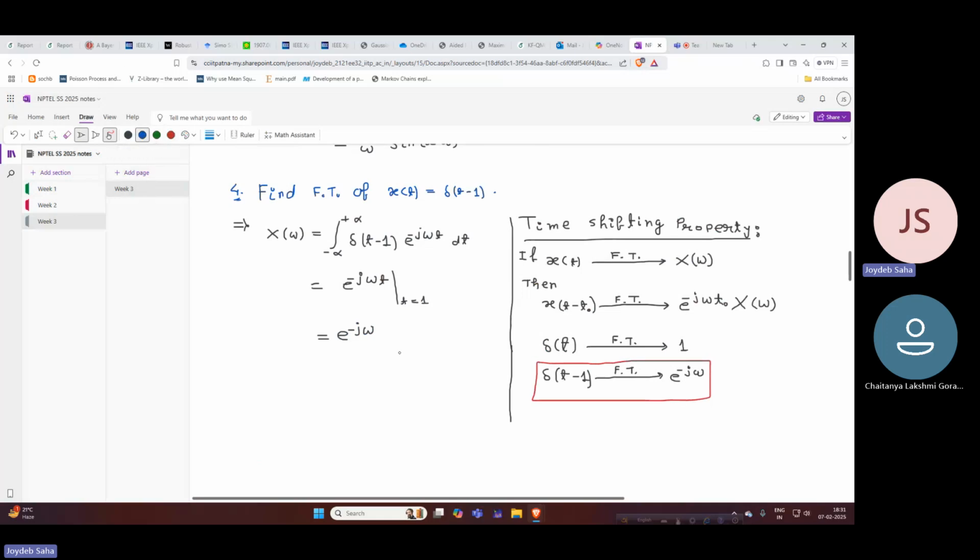Okay, so take 1 or 2 minutes and try to understand what we have done in two similar ways. One more minute you take and try to understand what we have done till now.